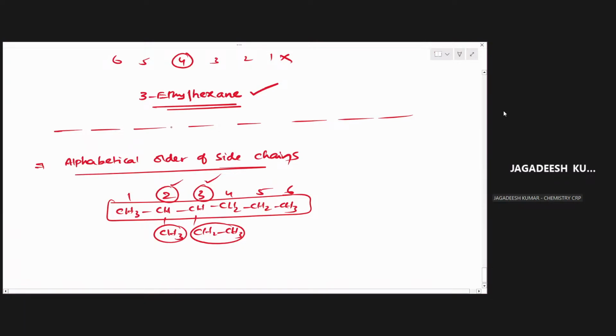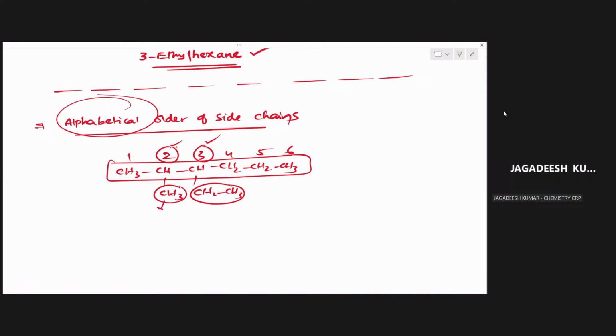Later we should write the IUPAC name. How to write it? First of all, we should follow alphabetical order. What is the name of this side chain? Methyl. And this one is ethyl. Which one is first in alphabetical order? Ethyl is first. What is the position of ethyl? 3. So first you have to write 3-ethyl, because in alphabetical order E comes first. The second one is methyl, present at the second position: 2-methyl.